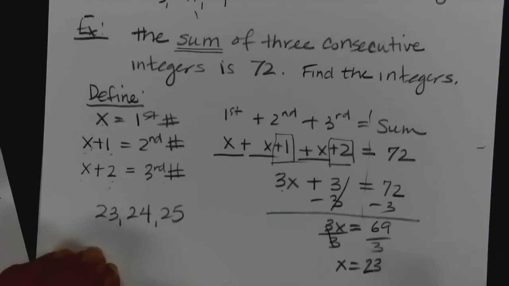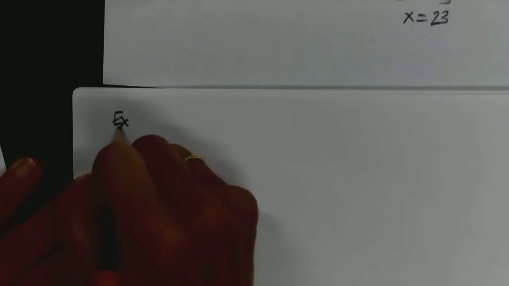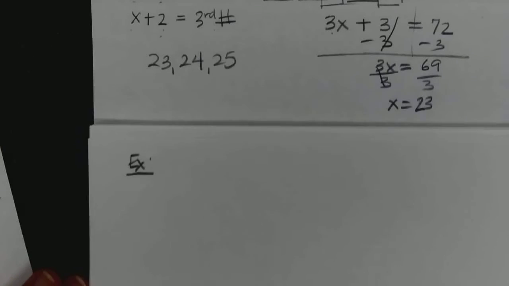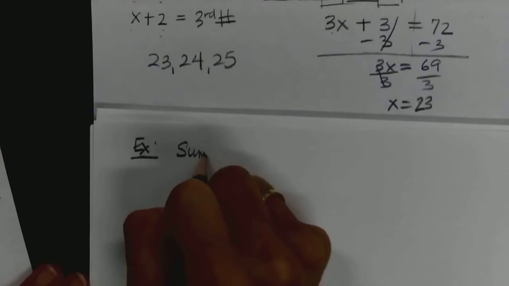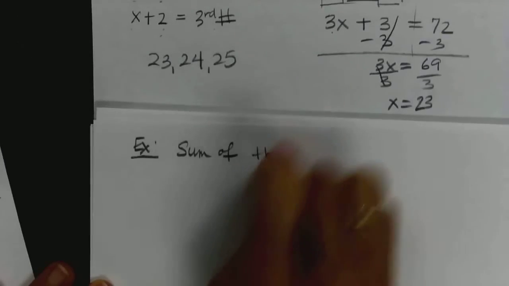Okay, let's try one more. I know, but I gotta show you one more, because I gotta give you one of the consecutive even or odd. Alright. Sum of three. You know what? Let's make it 2.